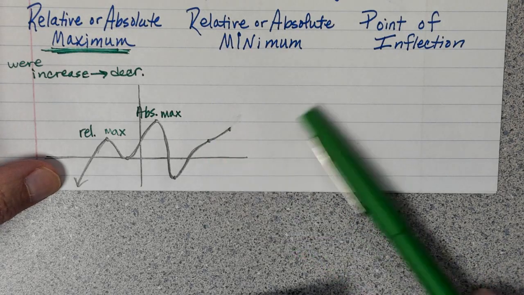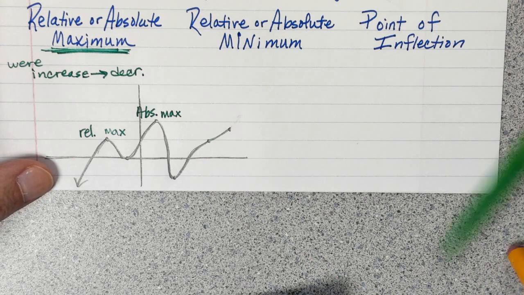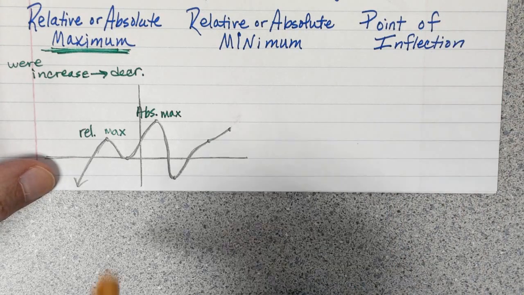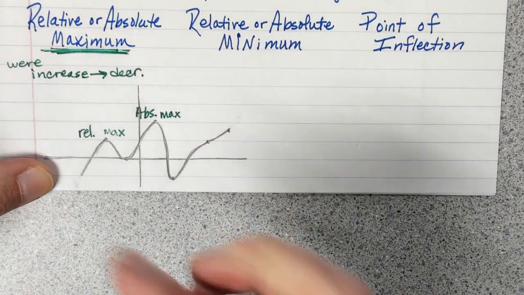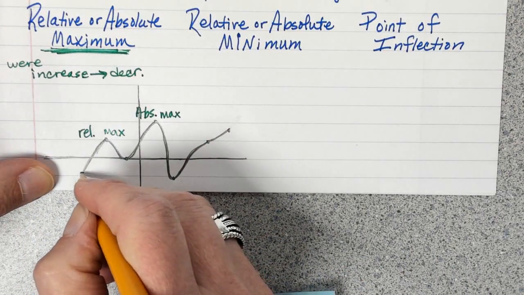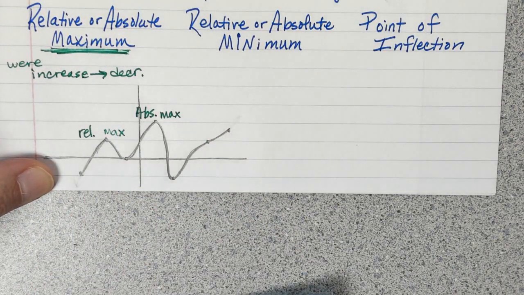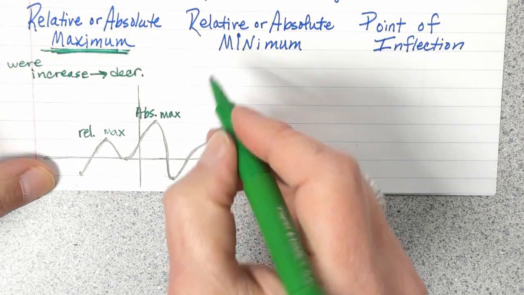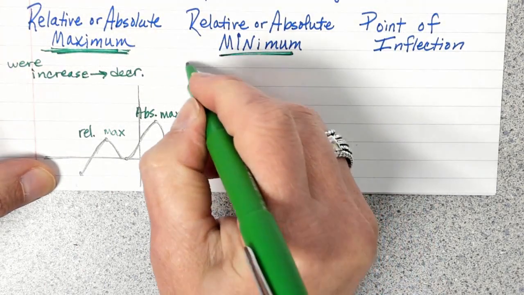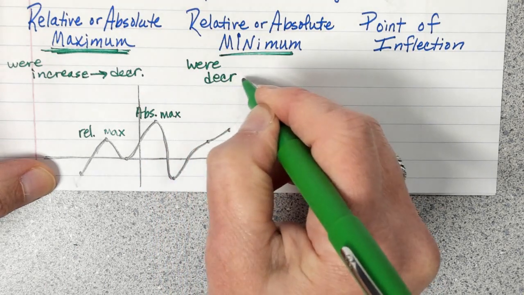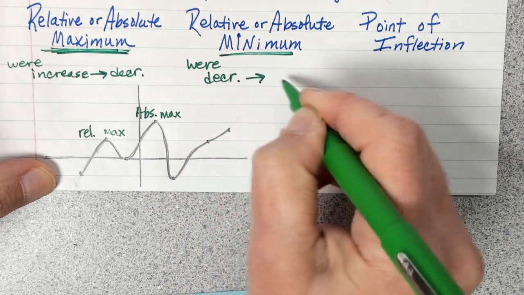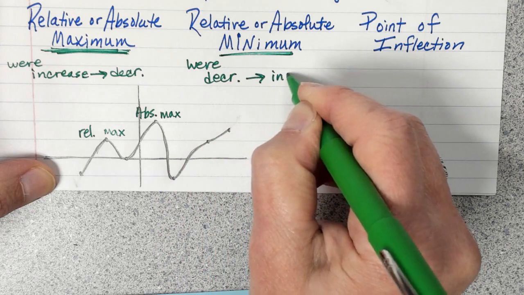Okay? And as I see my graph, I need to do the exact same thing for the minimum. So I'm going to just magically change the graph. Ta-da! All right, so now let's look at the minimums. A minimum point would be where you were decreasing in your graph, and now the function is increasing.